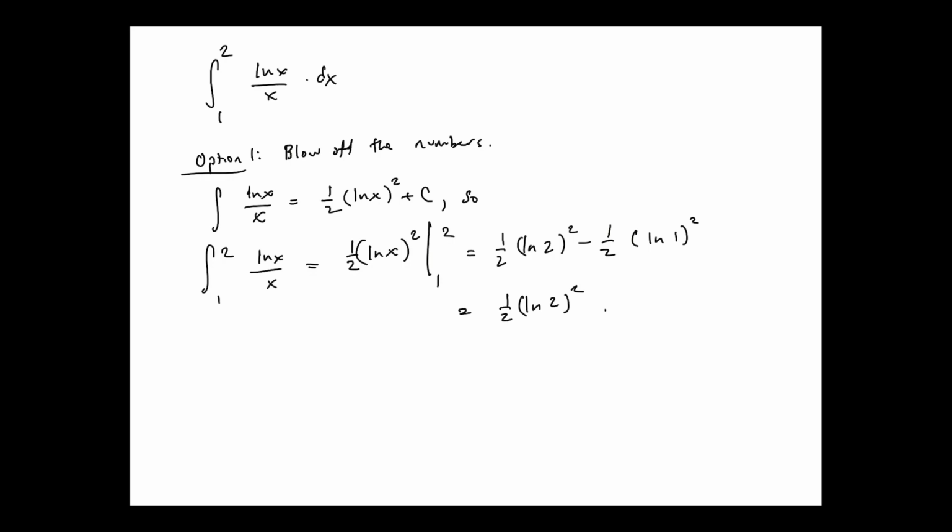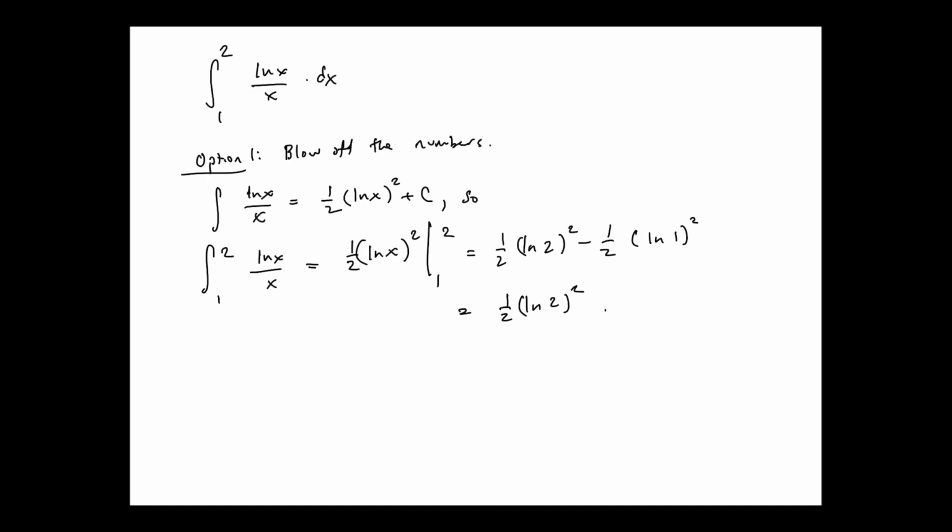So I'm not blowing off the numbers entirely. I'm just blowing them off until after I've worried about the antiderivative part. Because once I've got the antiderivative, all I have to do is plug in the numbers and do the arithmetic. That's it. Does that make sense? Just to split it into 2 issues. So that certainly works.